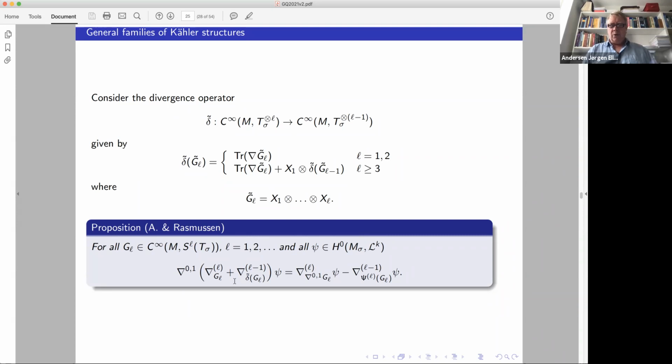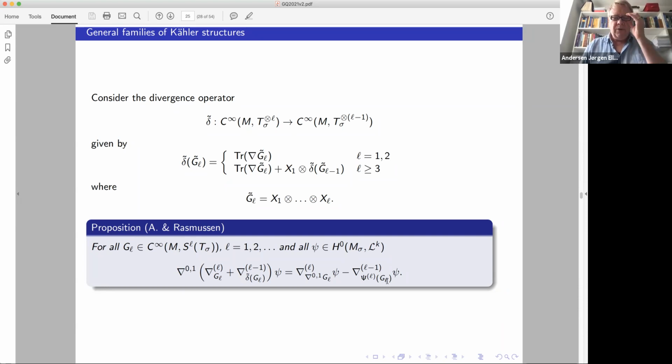And if you then take G_L and apply this Lth order operator, but modify it by an operator of order L minus 1, which is exactly this divergence of this tensor stuck into this L minus 1 degree operator, and apply it to the holomorphic section, you get a new smooth section of L to the k, and you apply the d-bar operator to it. You don't get 0, but you get the following: nabla L applied to the d-bar operator applied to this, plus this psi L applied to G_L.